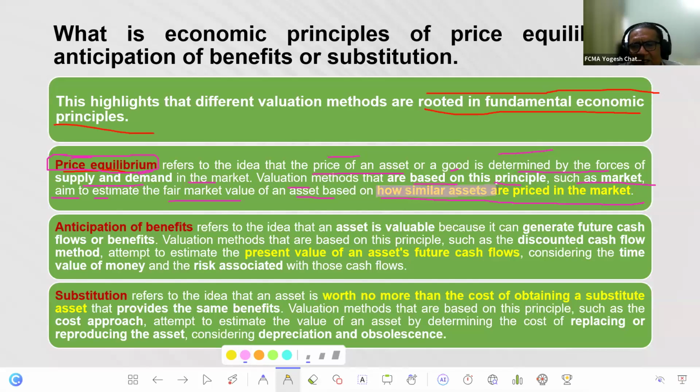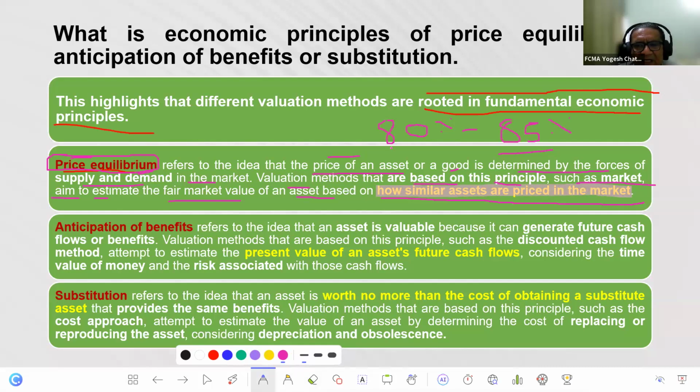Going by the findings of a survey, generally you will find that around 80% to 85% of valuations are accomplished using the market approach as the primary approach of valuation.